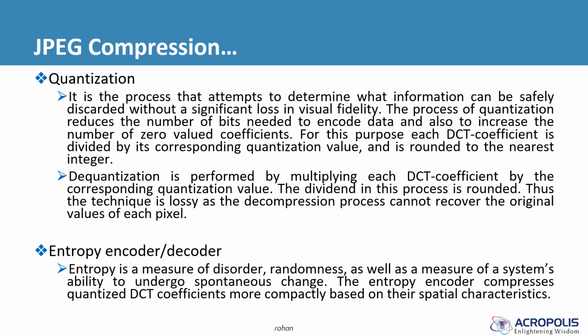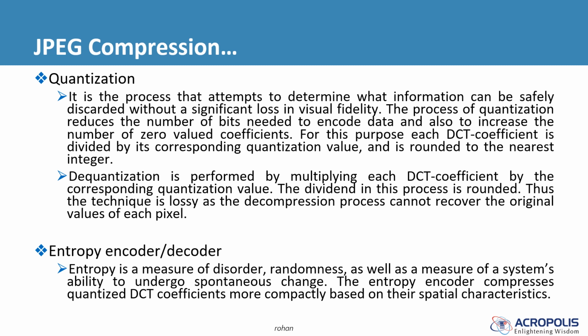JPG compression quantization. It is the process that attempts to determine what information can be safely discarded without a significant loss in visual fidelity. The process of quantization reduces the number of bits needed to encode data and also increases the number of zero valued coefficients. For this purpose, each DCT coefficient is divided by its corresponding quantization value and is rounded to the nearest integer.